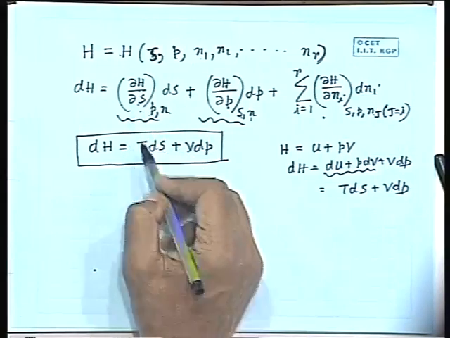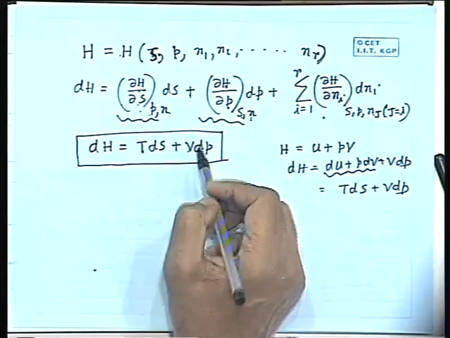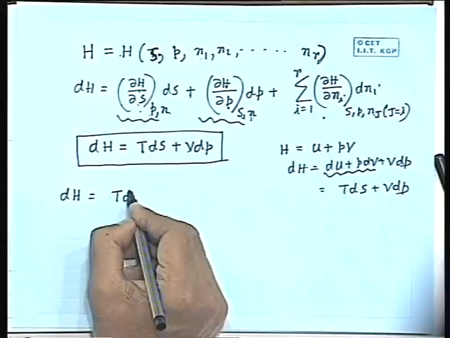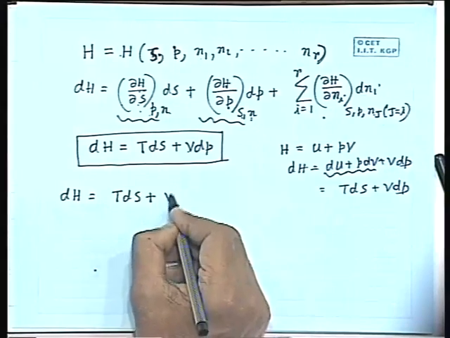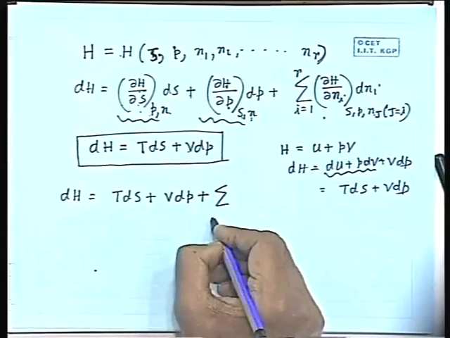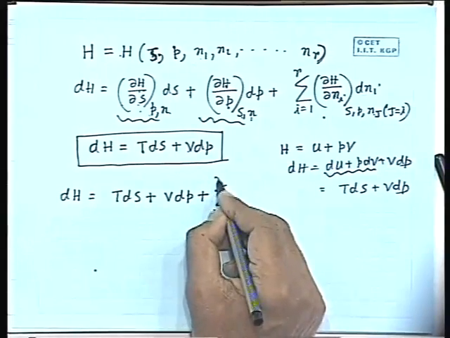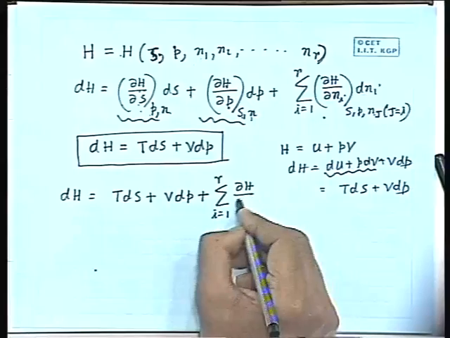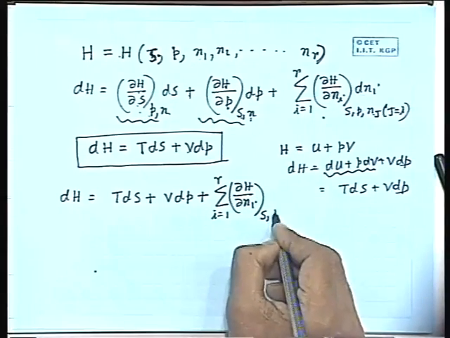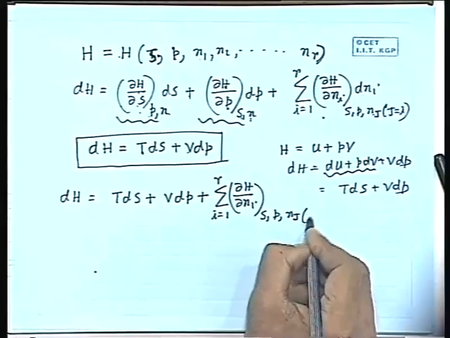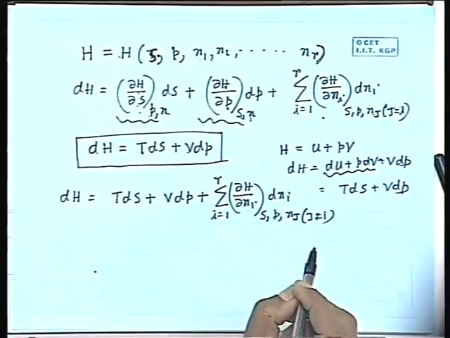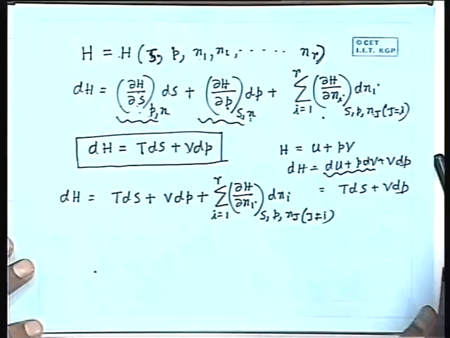So we can replace this as T and this as V. So I can write dH is TdS plus VdP plus the summation over i equal to 1 to R of del H del Ni at S, P, Nj, j not equal to i, dNi. So this is another important equation.